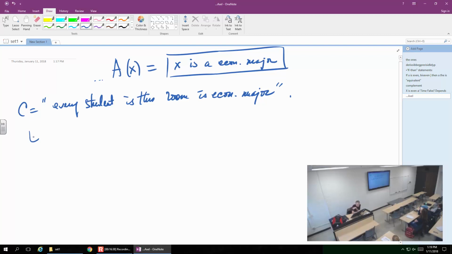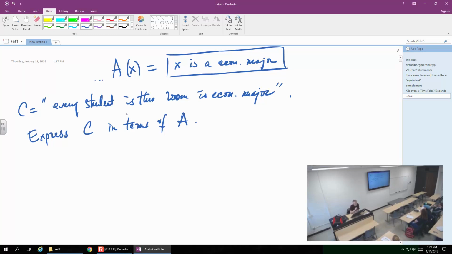So let's express C in terms of A. Would it be X is in this room?